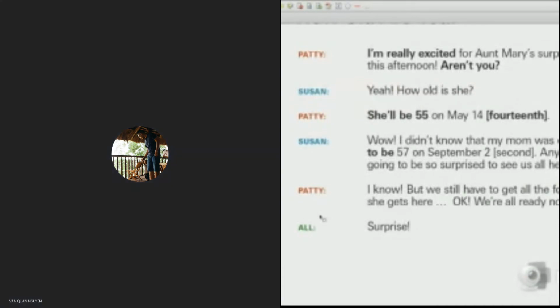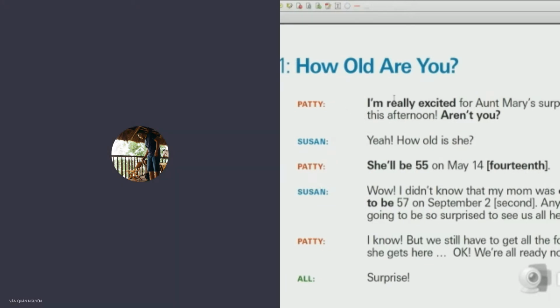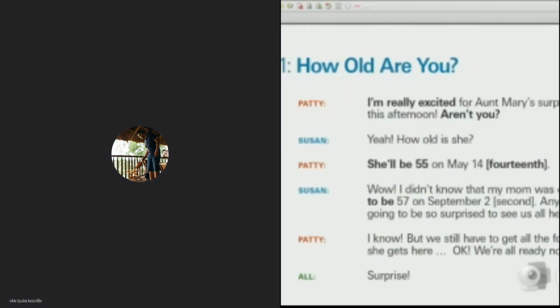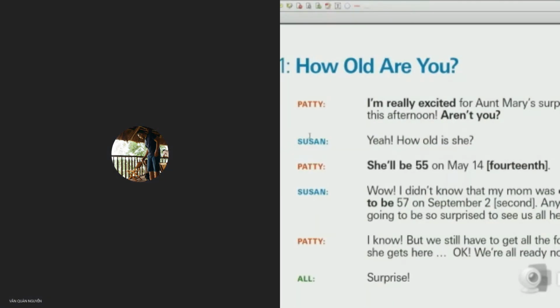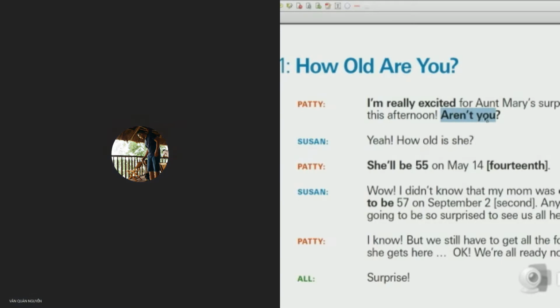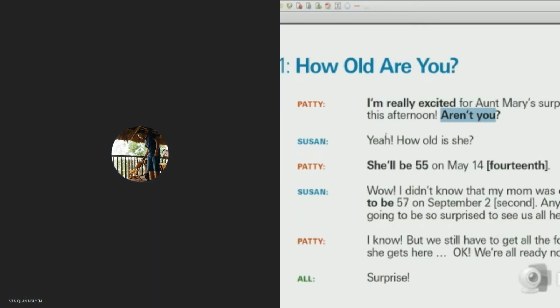The first line: Patty says she is really excited for her aunt's birthday party. So she is assuming that Susan is excited also. That is why she is asking Susan, "Aren't you?" If Susan answered yeah or yes, it means that she is also excited. If she answers no, it means that she is not excited.